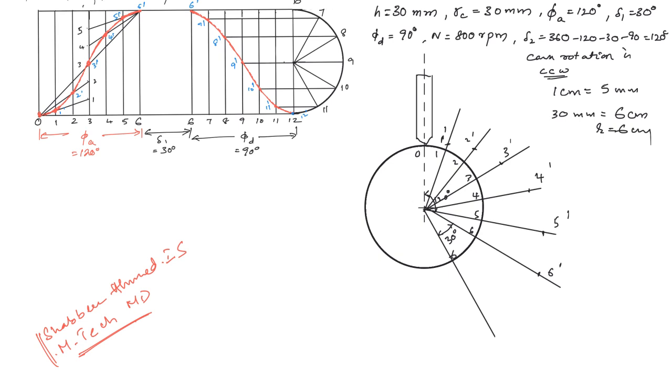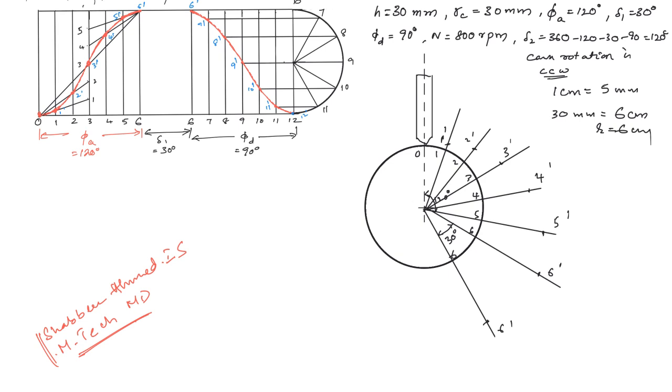Before the dwell we had the number 6, so after the dwell also you continue with the same number. Measure the length 6 dash, which will be the same as this length, and transfer it on this line. So this is again 6 dash. That is the dwell, and we have marked it.